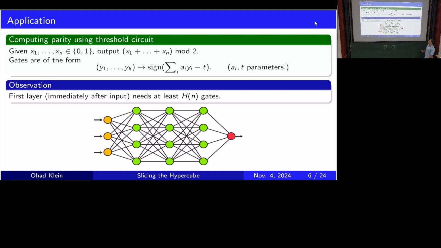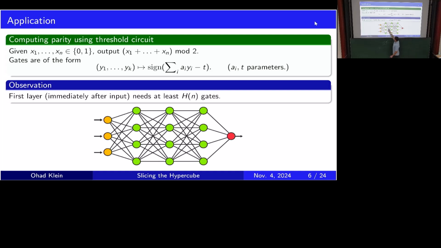This is a basic problem, and one application for knowing the value of h in this context is that we claim that the first layer of any circuit that computes the parity function has at least h of n gates. Why is that?